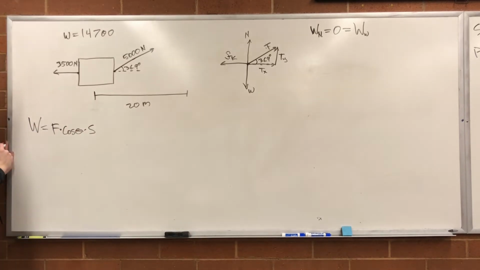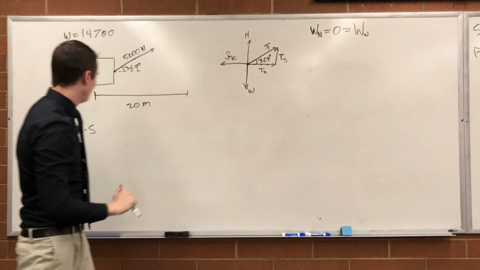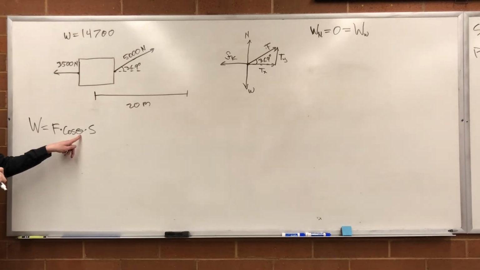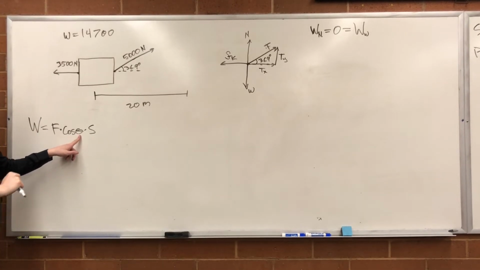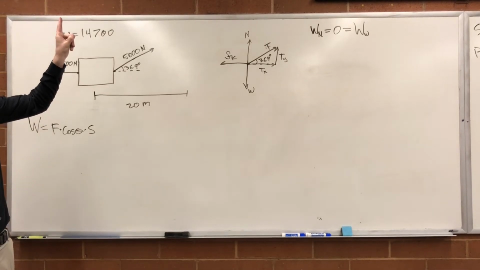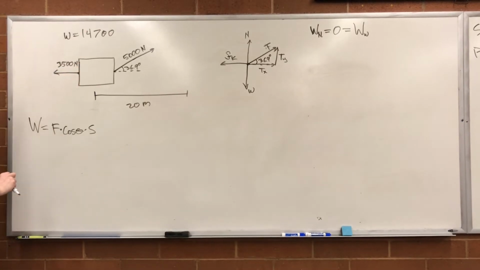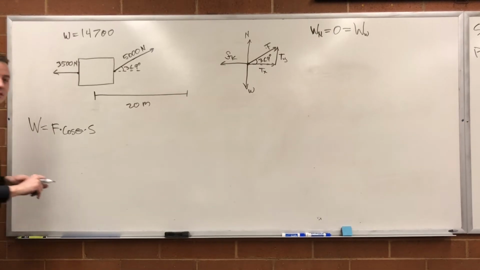If friction is pushing that way, what's the angle there? 180. What's cosine of 180? Negative 1, not 0. What's cosine at 90? That's 0. What's cosine at 270? 0. Okay, so this is doing work in the opposite direction.